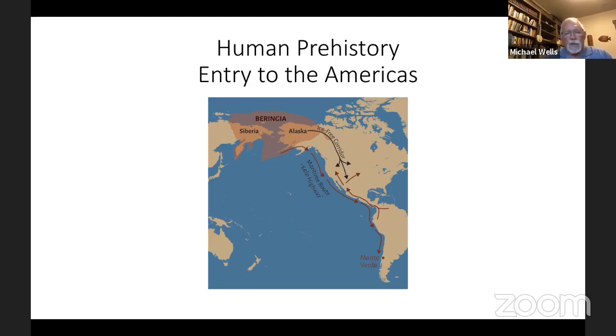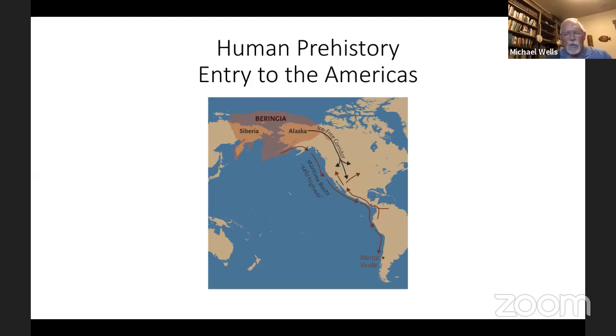There's shellfish, there's fish, there's seaweed, there are marine mammals, all of which would have been sort of naive to human predation. And so people migrating into the Americas following that path followed down the coast of North America, Central America, and South America.